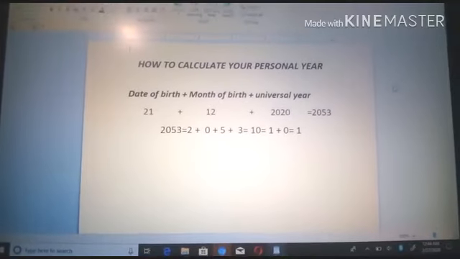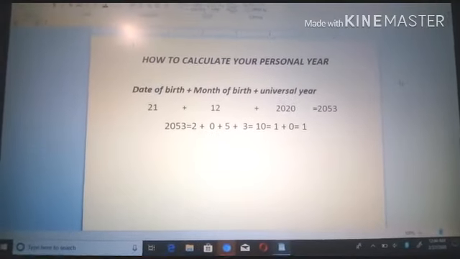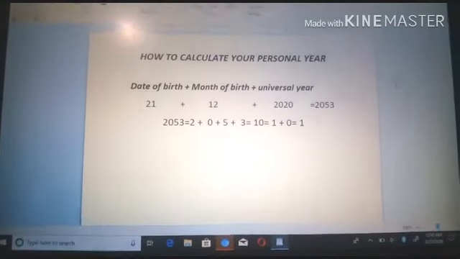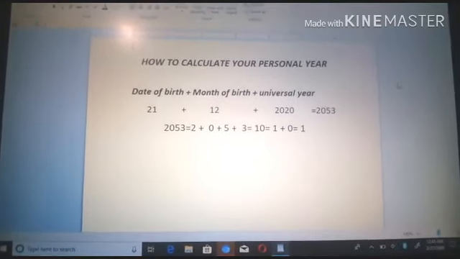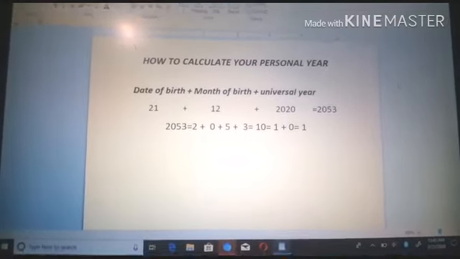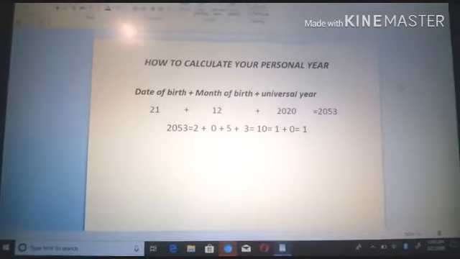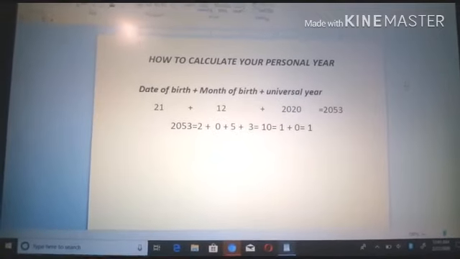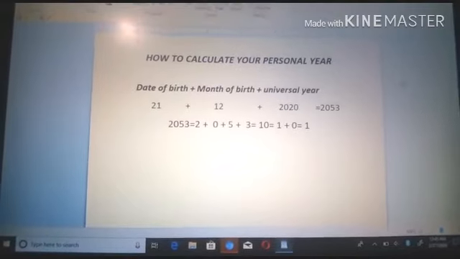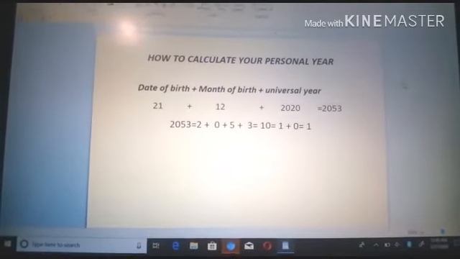So for example, if your date of birth is 21st of December, you take the 21st plus 12 because December is the 12th month of the year, plus the universal year, which is 2020.